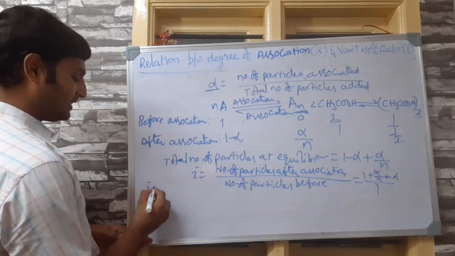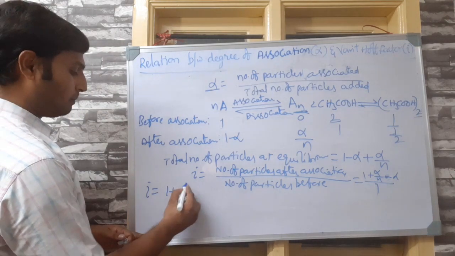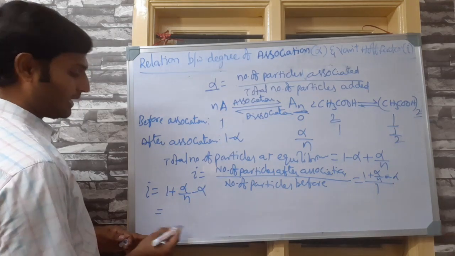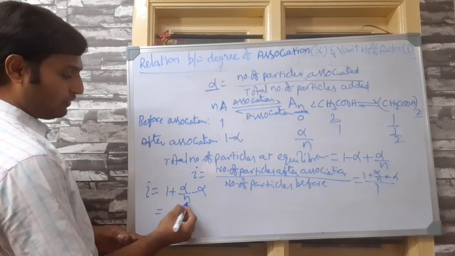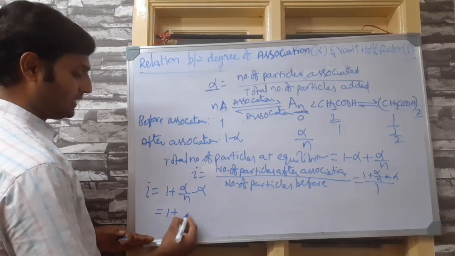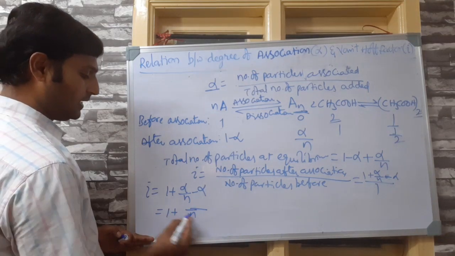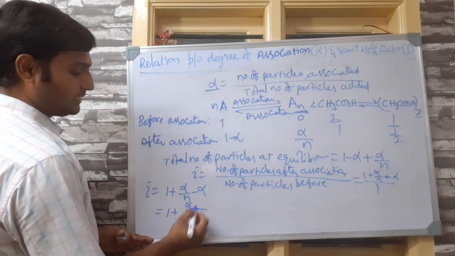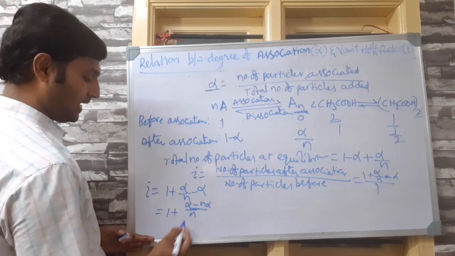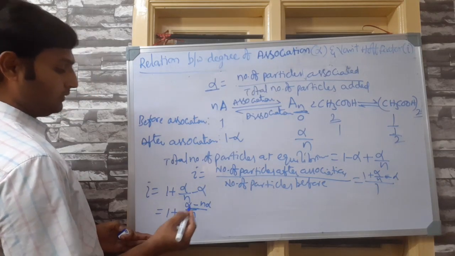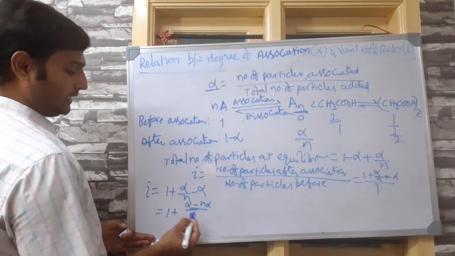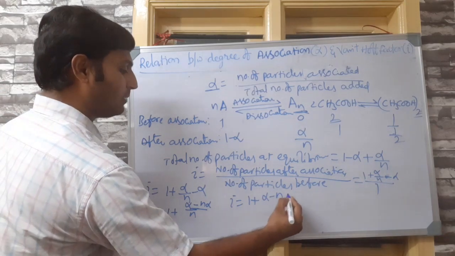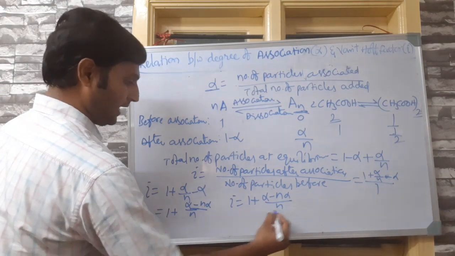Therefore i is equal to 1 plus alpha by n minus alpha, and I am going to take the LCM for alpha by n minus alpha. So 1 plus, n ones are n, n times 1 is n, alpha minus n alpha. So I can write it as i is equal to 1 plus alpha minus n alpha by n, right?